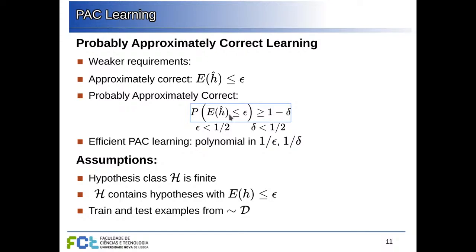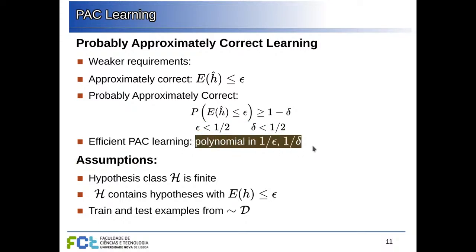Of course, we can narrow down these requirements. If we decrease epsilon, we can think of being more and more accurate. And if we decrease delta, we can think of being more and more probable that we are within that accuracy. And we consider a probably approximately correct learning to be efficient if the complexity of the computations, of the time running and requirements, is polynomial in 1 over epsilon and 1 over delta.